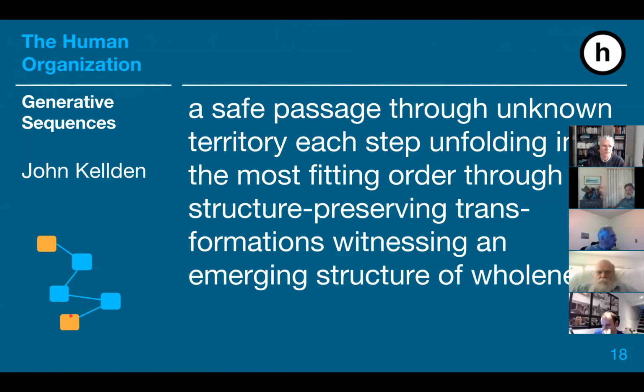These sequences provide you a passage through this kind of territory. It's a passage that's kind of hand-holding people, to say, if you want to get from A to B, maybe go here first, then here, and then over here, and then here. And that's where you arrive at point B. So that is, to me, a core piece I wanted to bring into the design and thinking of the social ledger.